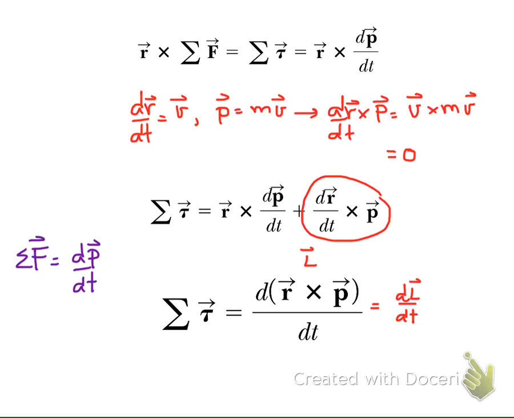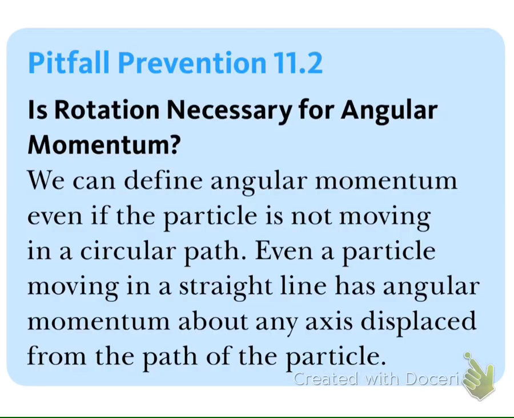Before we go further, let me remind you that from the definition of angular momentum, we can have angular momentum for a particle even if the particle moves in a straight line.